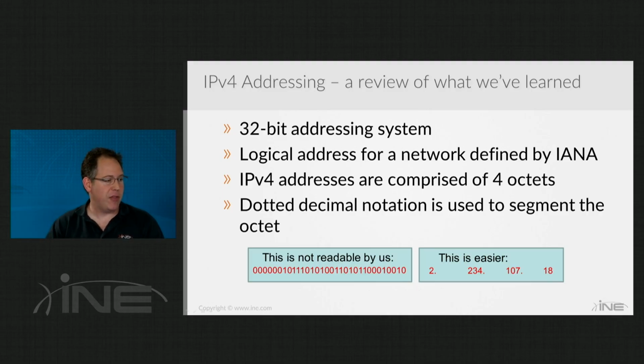The first 8 bits translate to the number 2. The next 8 bits translate to 234. The third series of 8 bits translates to 107. And the last octet, the last byte, is the number 18. That's how we as human beings manipulate, read and type in IP addresses. This is what we call dotted decimal notation.